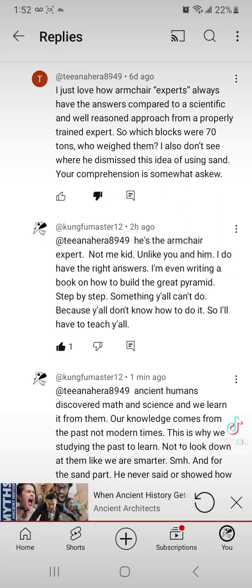How did y'all build the pyramids without the shit that we got? Clearly, they have to be smarter to be able to do it without the shit we got. That's the point. That's why it's interesting to study the past, because it's interesting to see how things were done without what we got, without modern day shit. In reality, more likely it's because they had better shit than we did. Just saying. Just super saying.